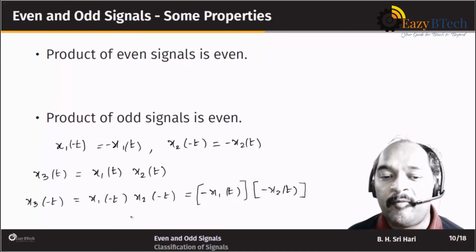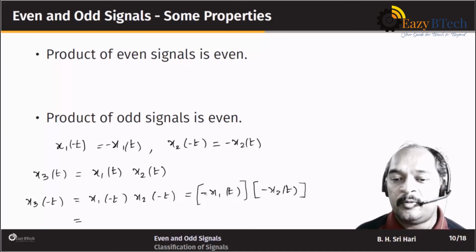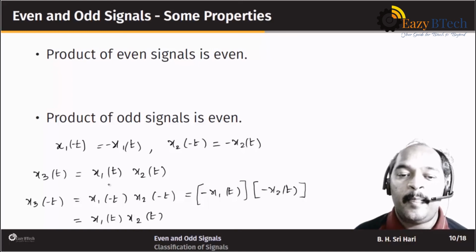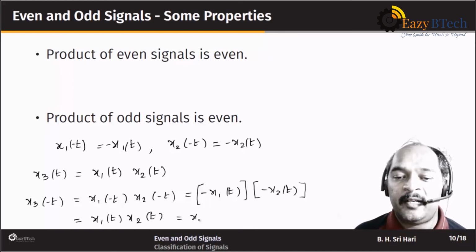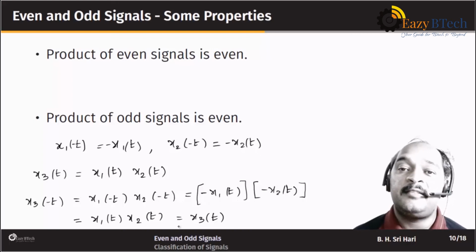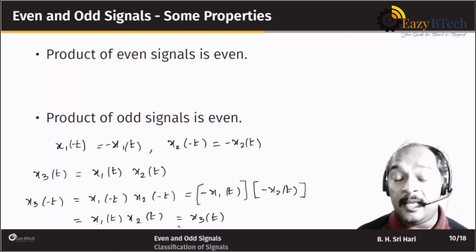So minus times minus is plus, and finally you get x1 of t multiplied with x2 of t. But x1 of t multiplied with x2 of t is nothing but our x3 of t, and hence we have proved that the product of two odd signals results in an even signal.